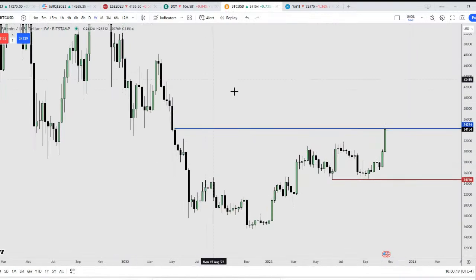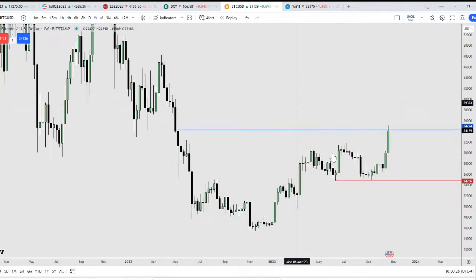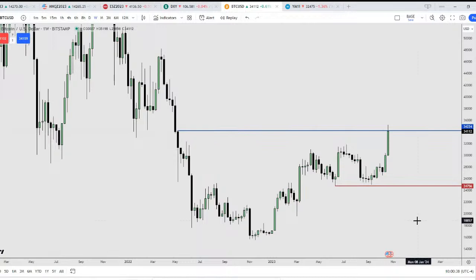But overall, it still adheres to the higher time frames better than the lower ones, which is why I am only looking at the weekly time frame as the lowest time frame for Bitcoin. I'm not too interested in the daily, 4 hours, let alone the minutes. So for Bitcoin, lower prices from these levels here, and we'll see how it comes through.